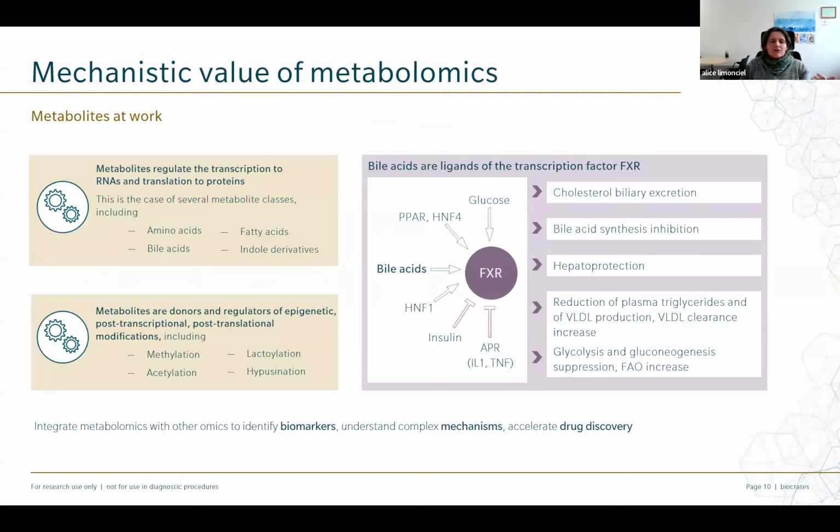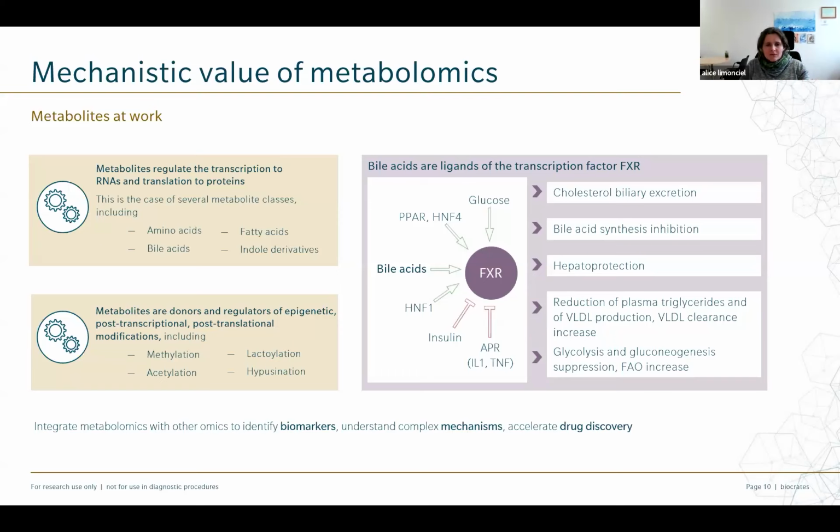Genetics, maybe not as much, unless you have a mutation, which can come from, for example, an inflammatory environment that can be heavily driven by the metabolome, but that's a bit too detailed. But if you look in the first yellow box here, metabolites regulate the transcription to RNAs and the translation to proteins. One of the main drivers for that is that many metabolite classes are ligands for transcription factors.